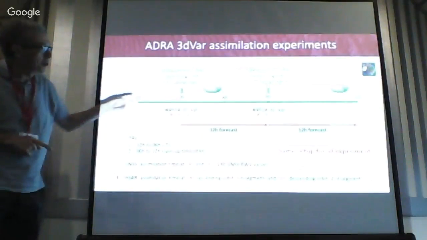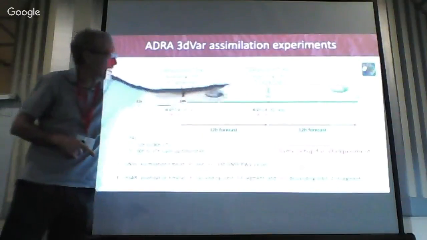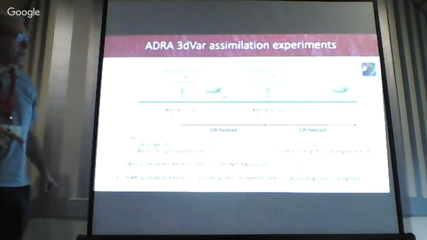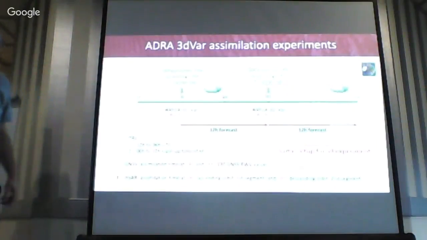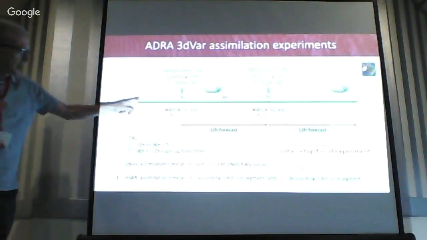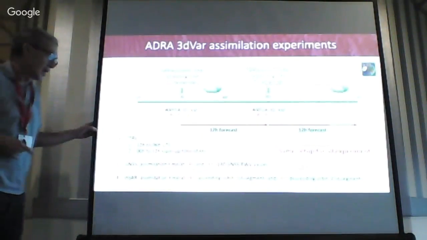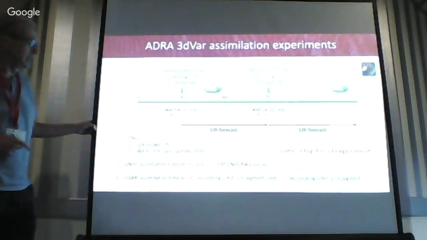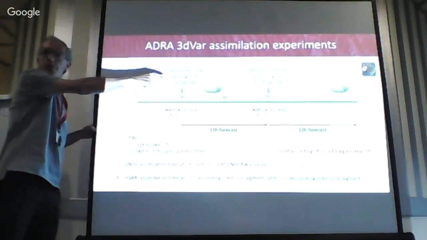This is the UTC time scale. So we had these two storms. We are going to use an analysis, in fact a forecast, that was produced. We are going to use, in this case, the forecast starting at 12 and starting at 0.